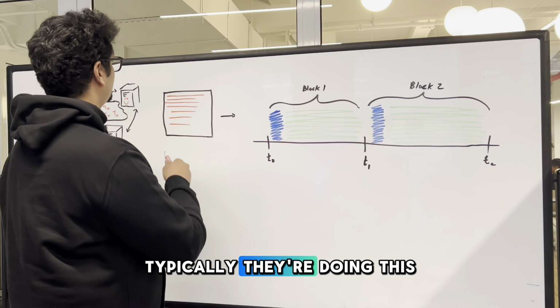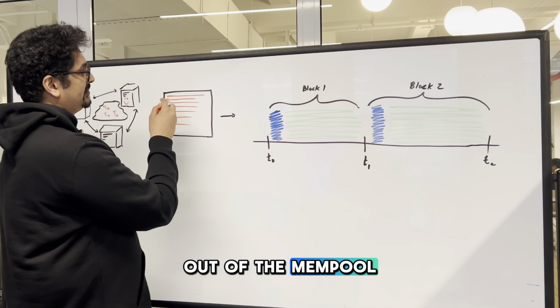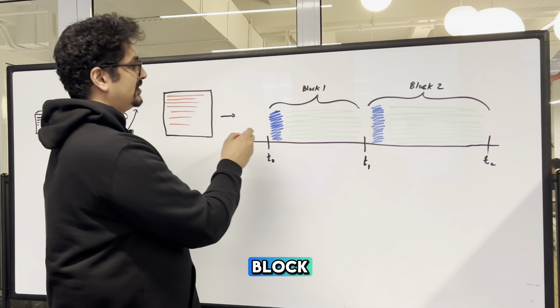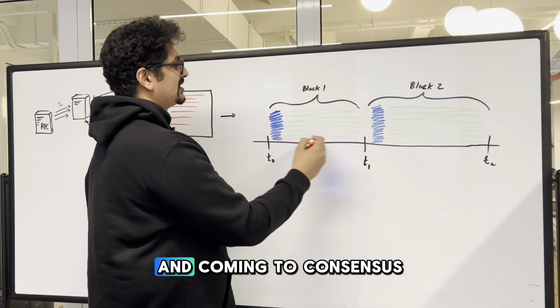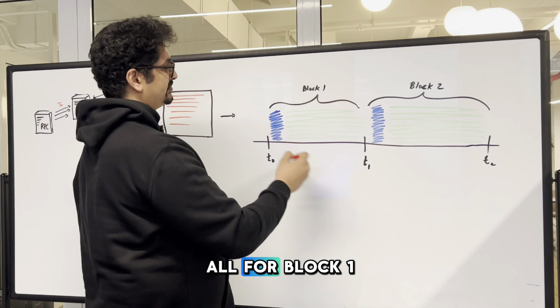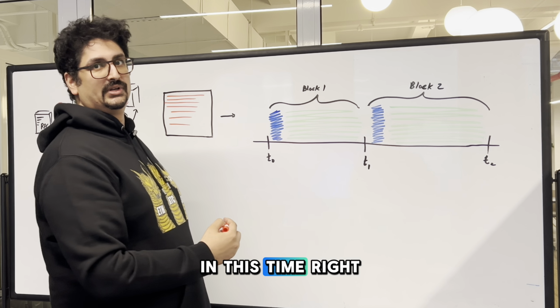So typically they're selecting things out of the mempool, putting things in the block, executing in this blue segment here, and coming to consensus on it, all for block 1 in this time, right?